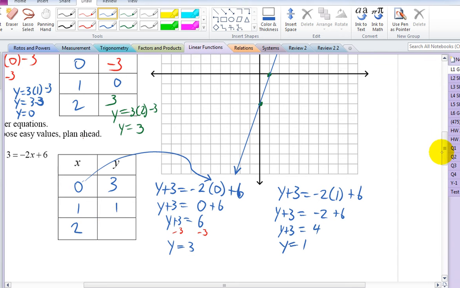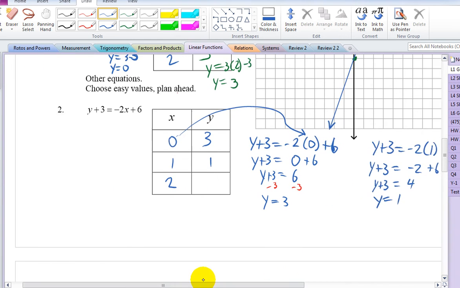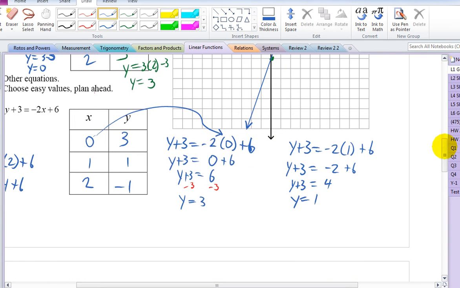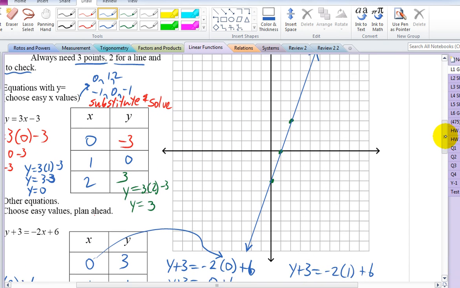And then do the same thing for x equals 2. Once you've found your points, graph the points, make a line.